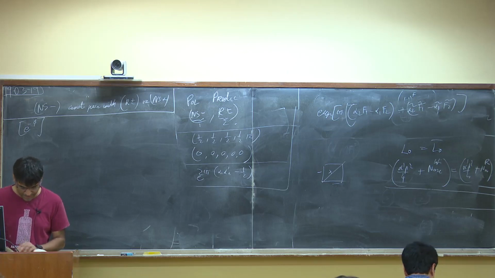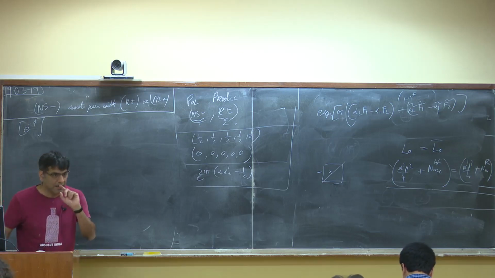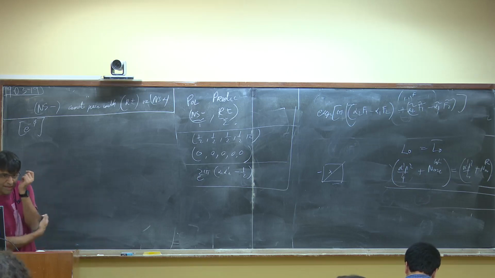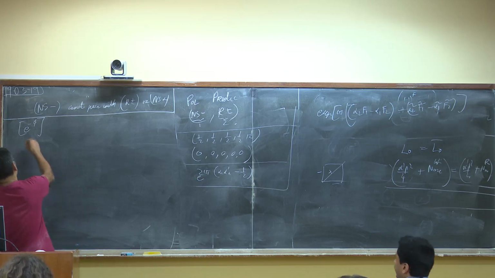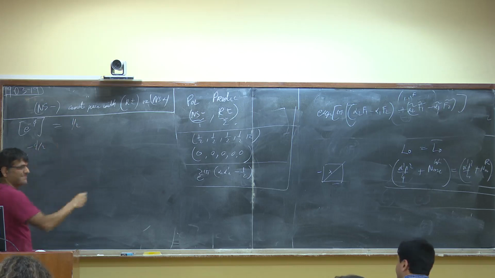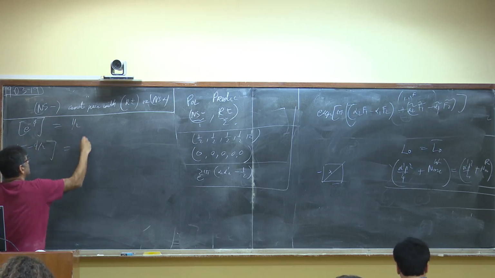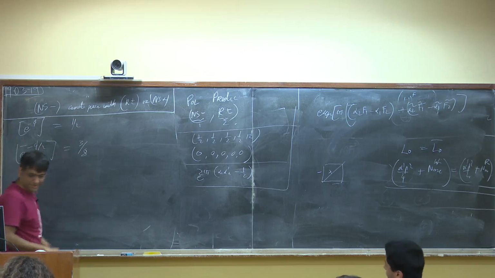I got h is equal to 3 by 8 here. Remember, this is the phi with the ghosts. Minus phi is a half. Lambda minus phi was, I'm sorry, you're right. This was equal to half, and e to the power minus phi by 2, sorry, was equal to 3 by 8. 3 by 8. Yeah.